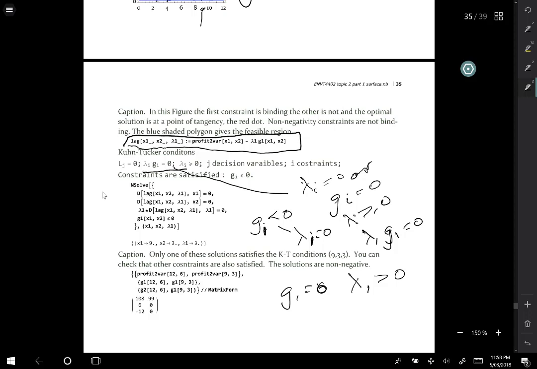In other words, that resource, or that constraint, is likely to have some bearing on the solution. Then that's likely to hold.